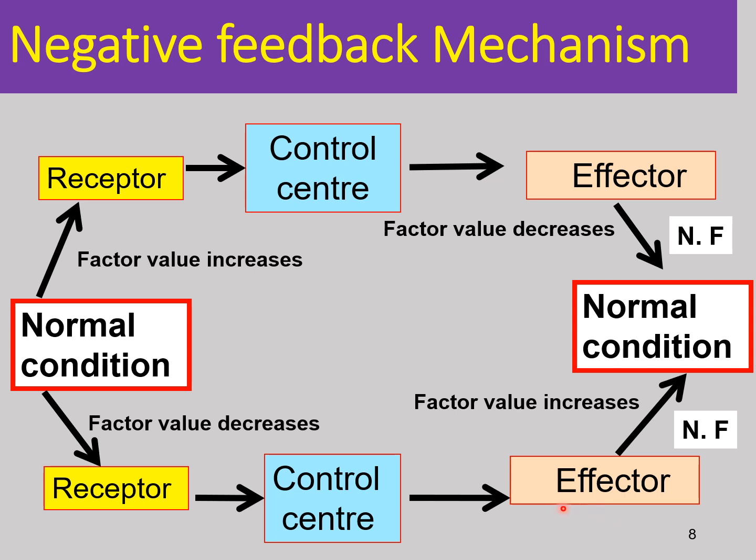That heat can increase the temperature, and it may bring it back to normal, or it may not. If it brings it back to normal, then you call it a negative feedback mechanism.